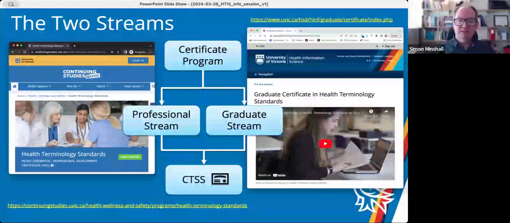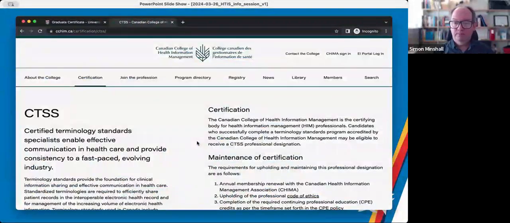So I know there's a lot of acronyms in that, but the CCHIM and CHIMA really, in many respects, are the same organization. They are a professional membership organization, and they have 4,000 practicing health information management professionals across Canada. There's the blurb on the CTSS.